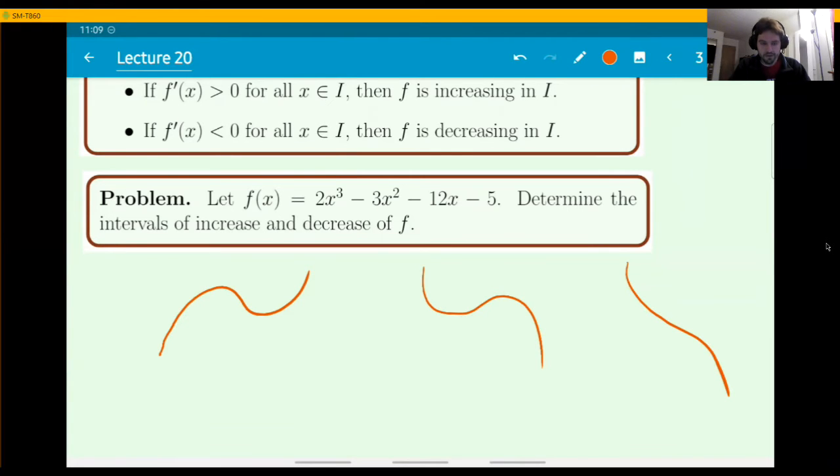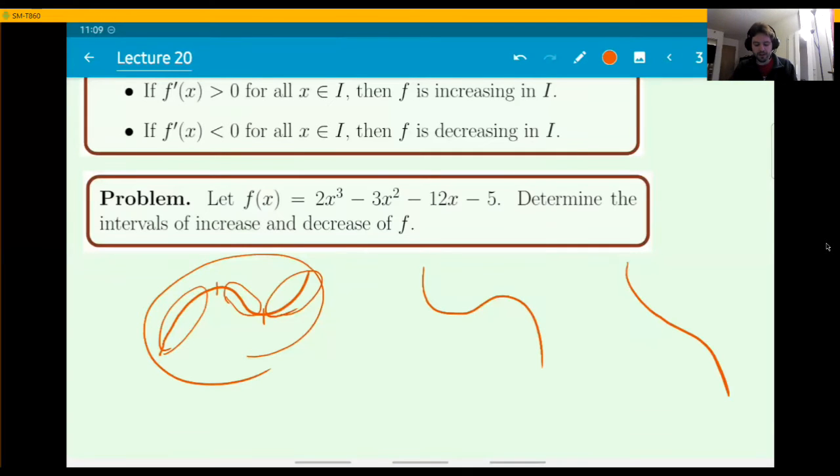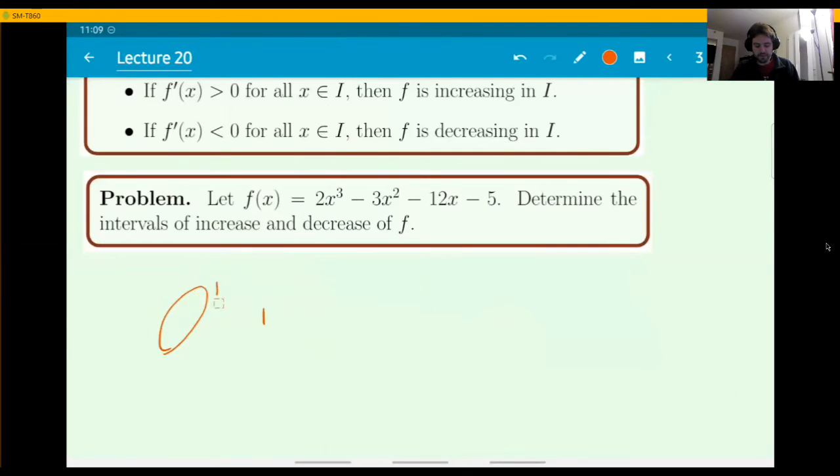But using the derivative now, we're able to quickly find out, let's say the graph is the first one, these locations right here where it was increasing first and now it's decreasing and then it's increasing again. This is what we're trying to describe here. The derivative is going to allow us to do that.